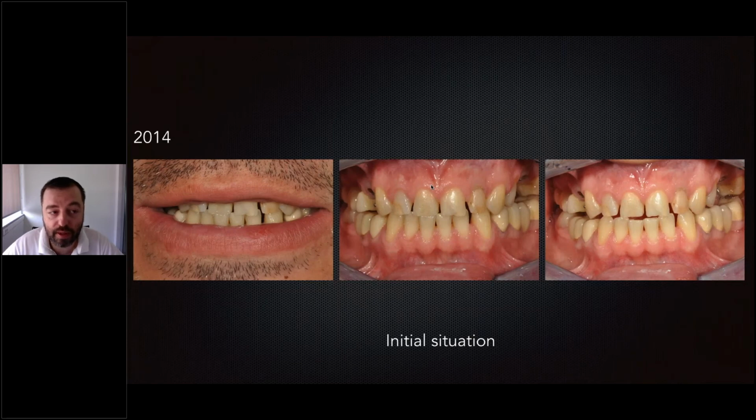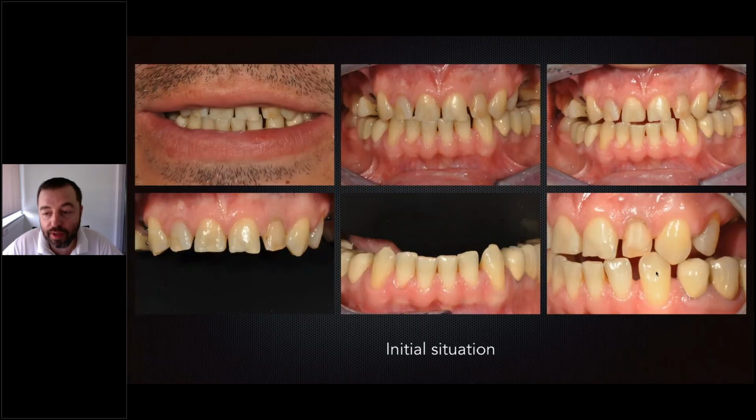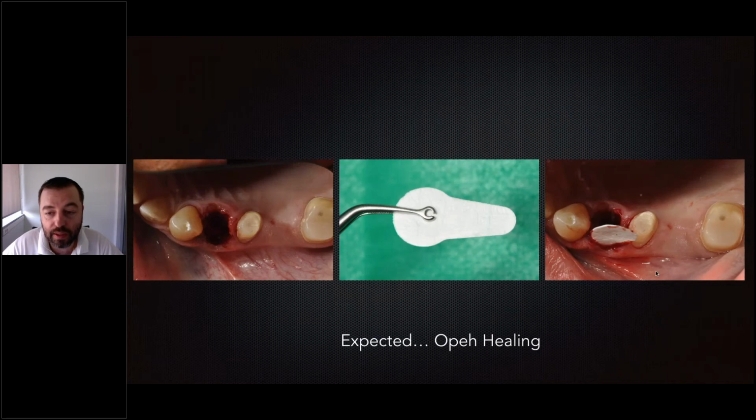So this is the initial situation in 2014. And some details: there was a big lack of function and spaces between teeth. Again, what we know best, we did some extractions with open healing concept for socket preservation.